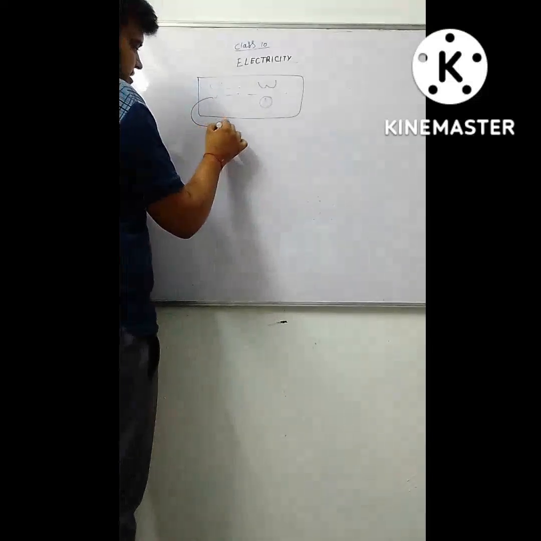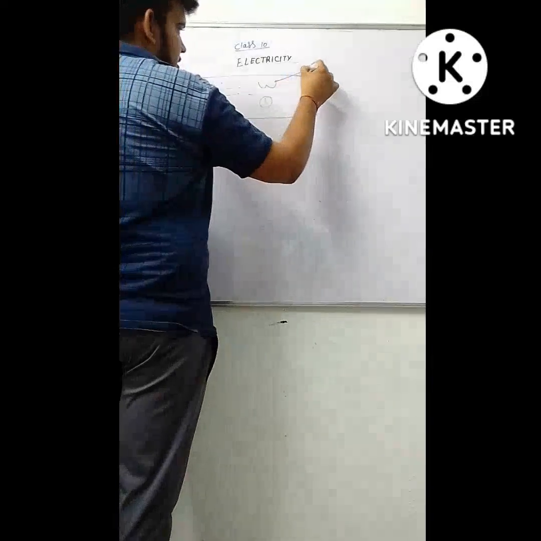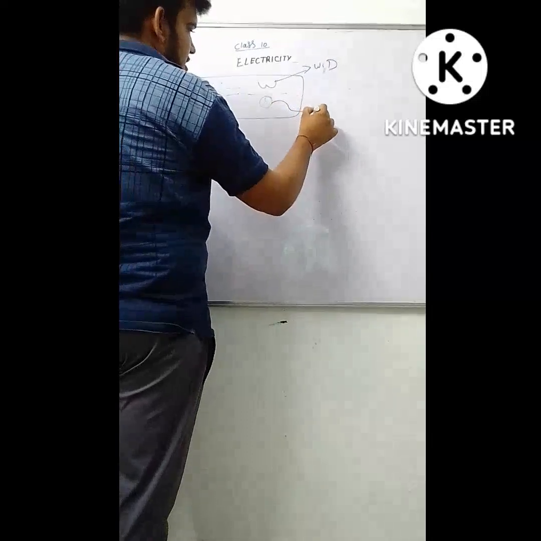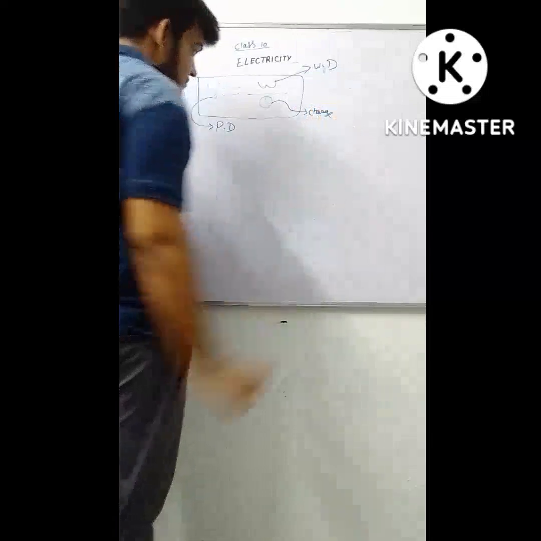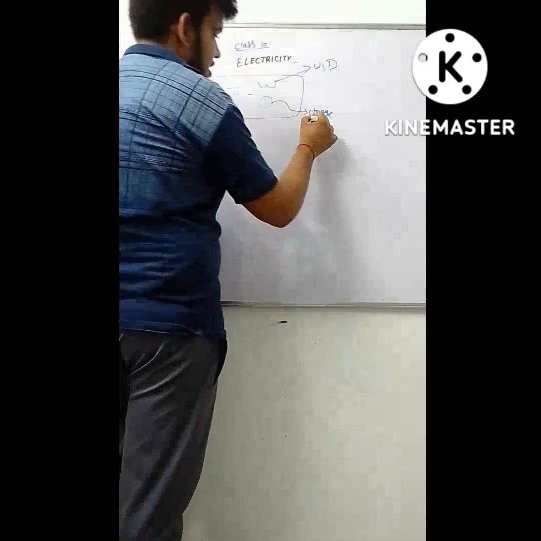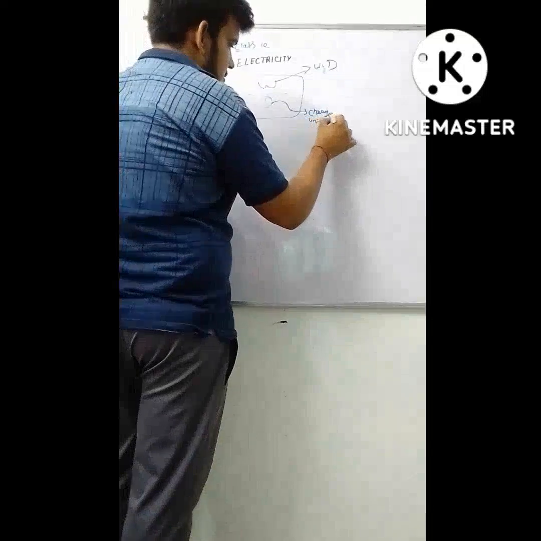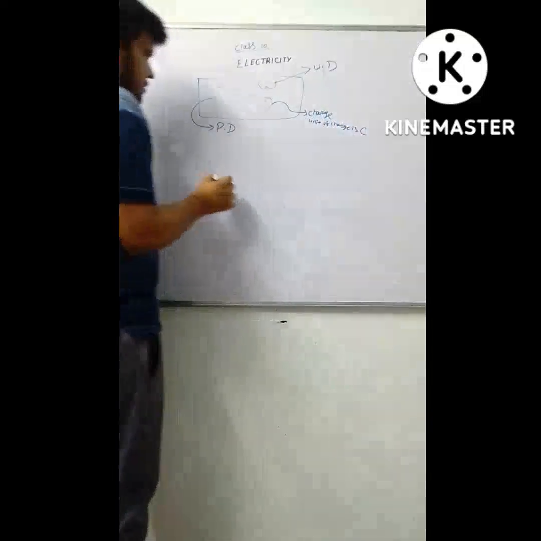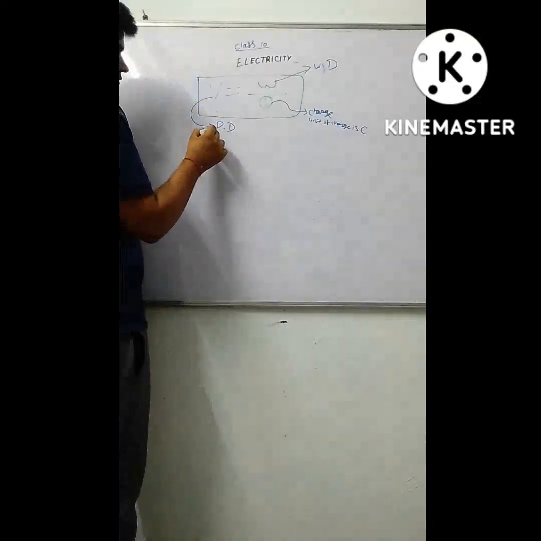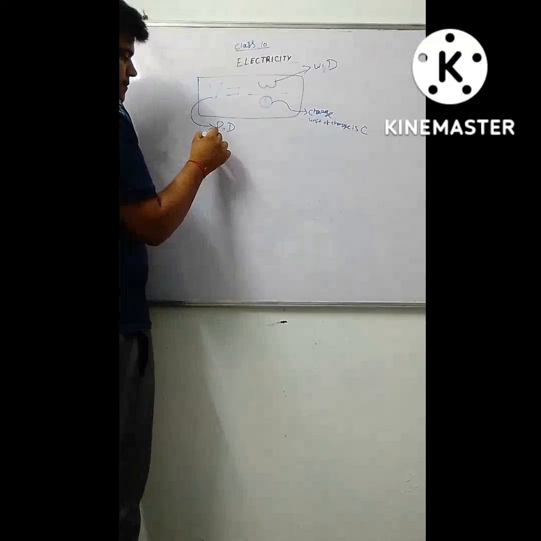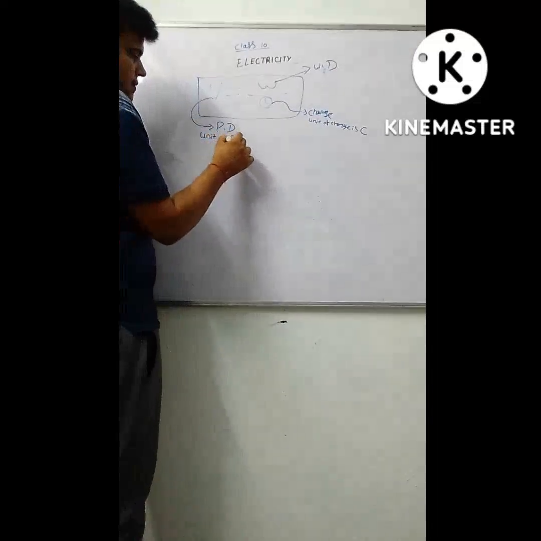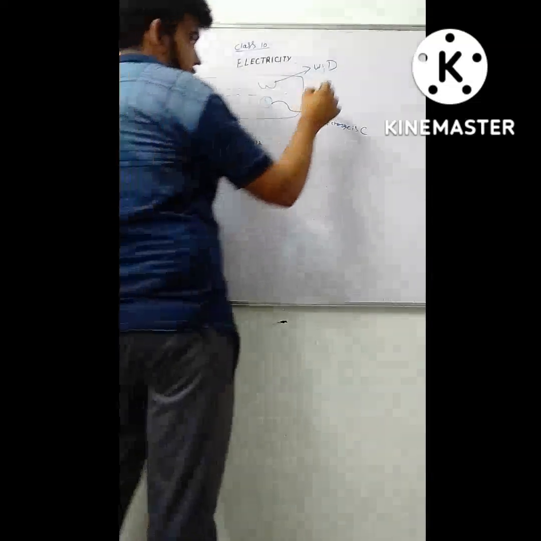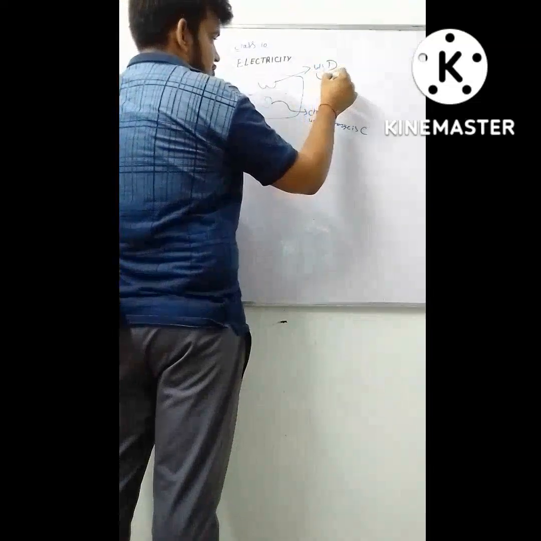Potential difference is represented by V, work done is represented by W, and charge is Q. The unit of charge is coulomb, the unit of potential difference is volt, and the unit of work done is joule.